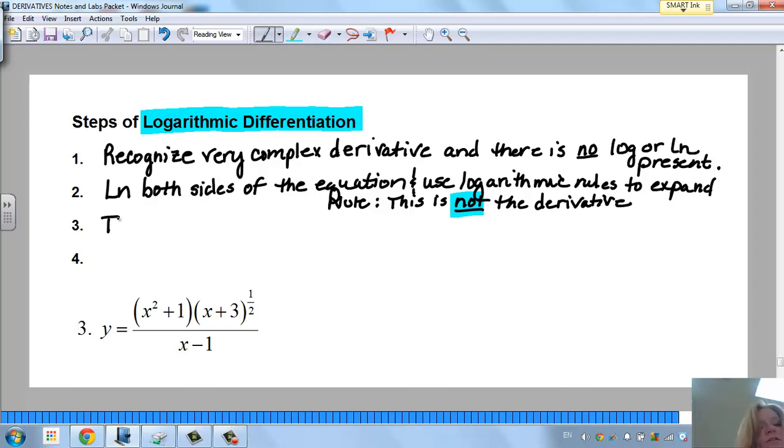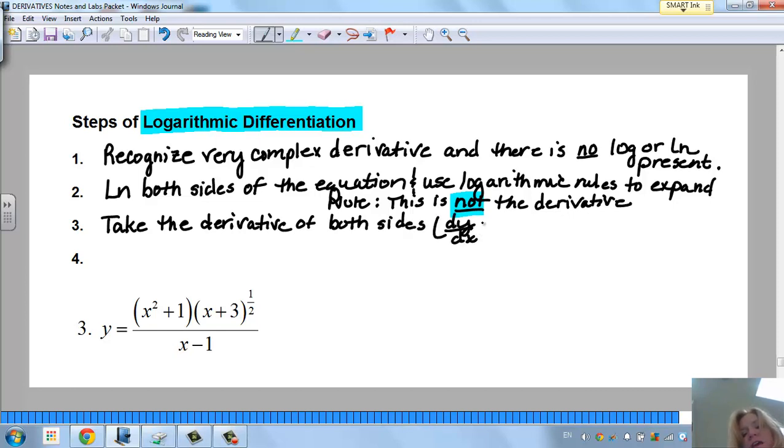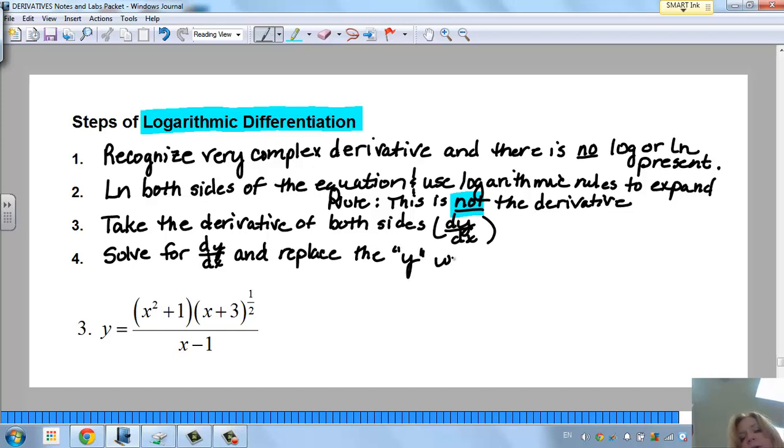Then you're going to take the derivative of both sides of your equation, and we're going to use dy/dx, which is the same as y prime, and then we're going to solve for dy/dx and replace the y with the original function.